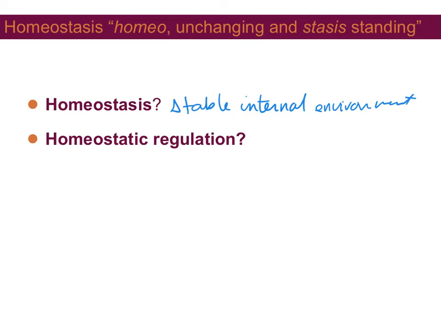So in order to maintain homeostasis, your body, or all living things' bodies really, have these self-regulating systems called homeostatic mechanisms. Okay, and they are constantly taking in information and then making adjustments to try to keep the body within a certain range.